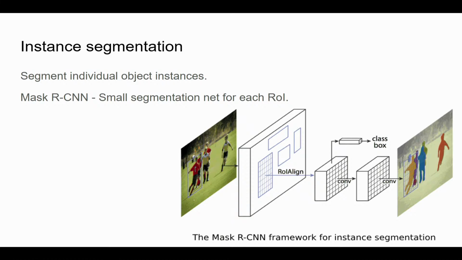Those regions get cropped from some feature representation. We run them through some simple convolutional network and predict the segmentation mask for that specific person. The networks are extremely simple, but it works well.